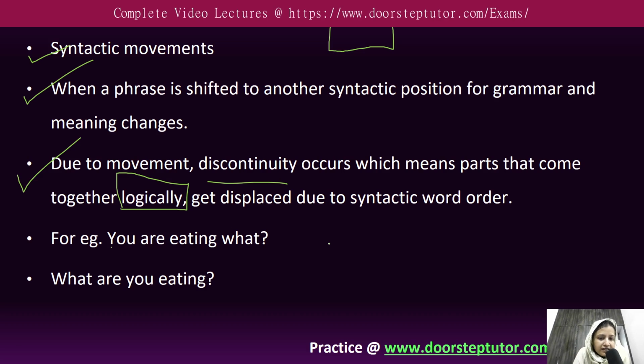So the verb is there, and then what is there, right? You are reading which book? The verb reading is there, and then which book comes right after it. So logically, these two phrases come together, but once you put it into correct grammatical order, you have to bring the sentence into a question form.